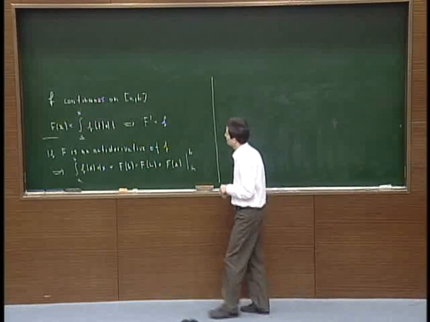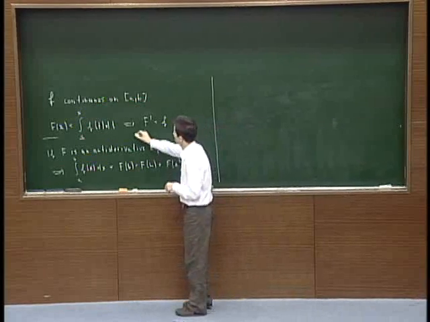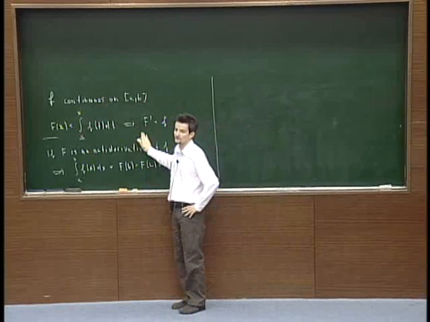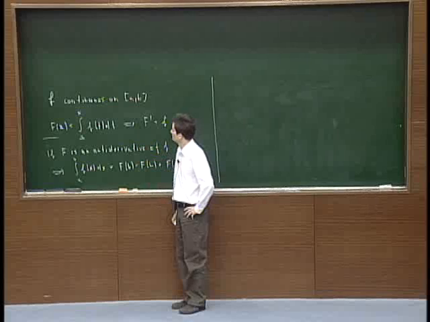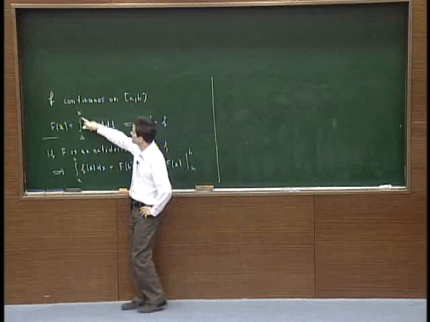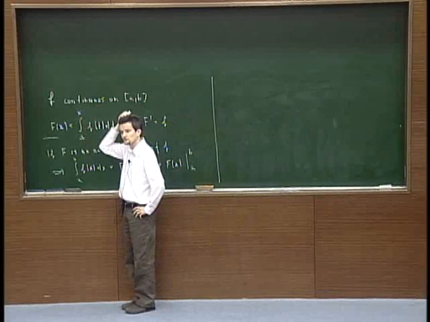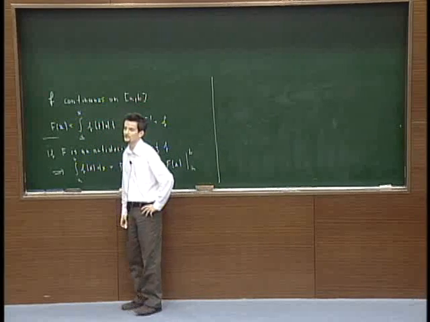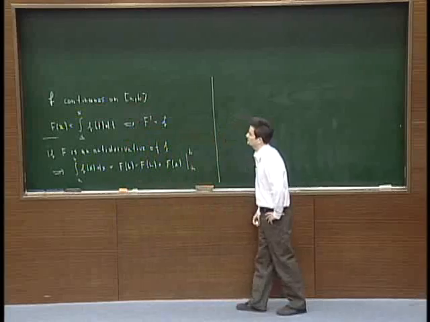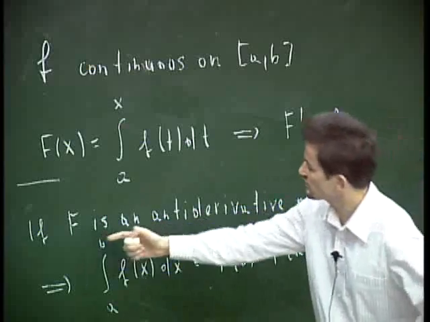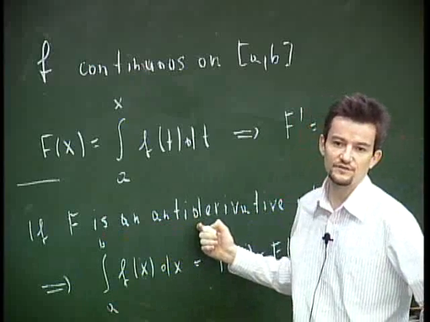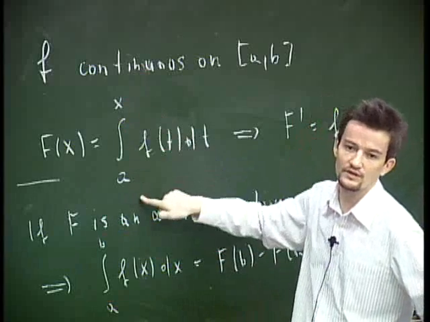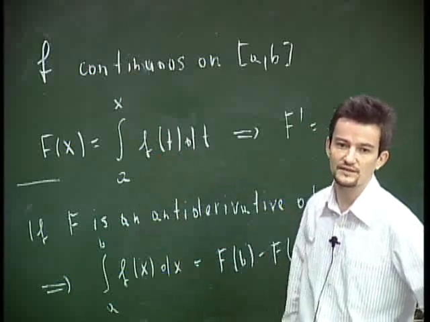So you see already from this part here, this motivates a new definition. Since if you compute the definite integral you get the antiderivative, it seems to be a good notation to use a new symbol for the antiderivative, namely the same symbol but with no limits, in order to denote antiderivatives.